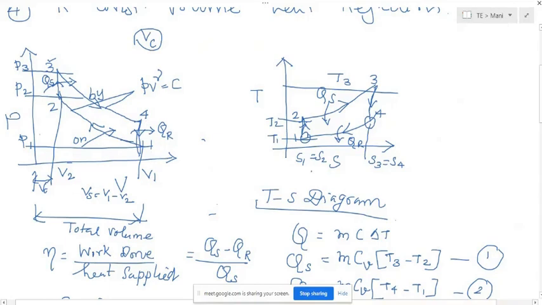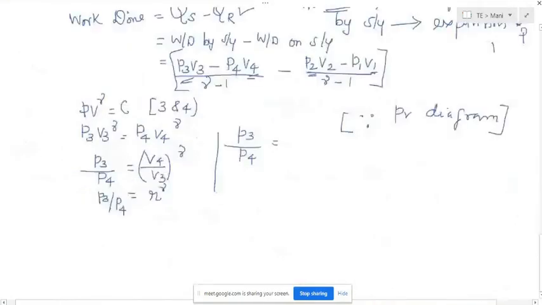4 and 1, and 3 and 2 are equal, right? So please be reminded, instead of P3 equal to P2, P4 equal to P1.